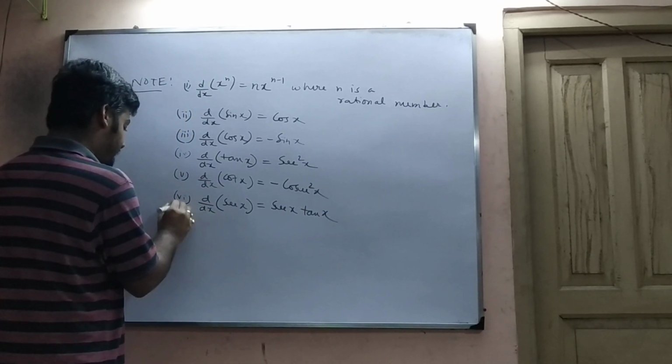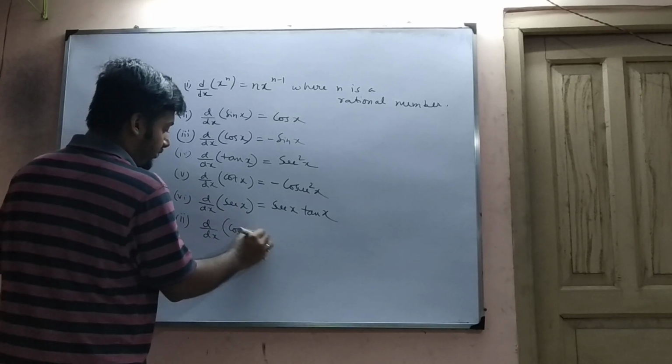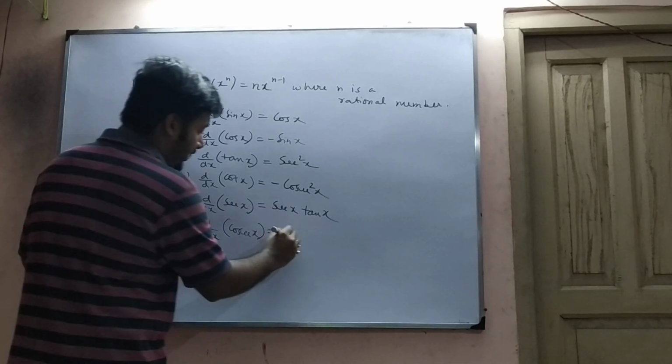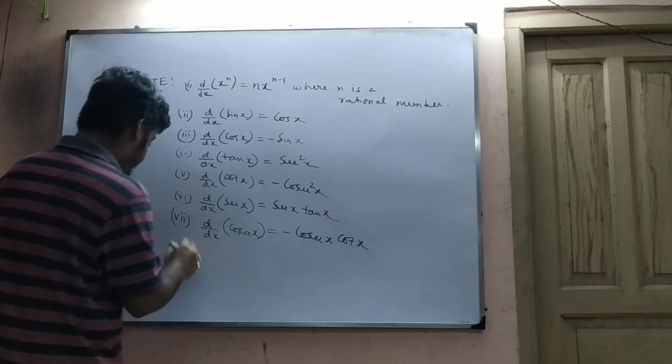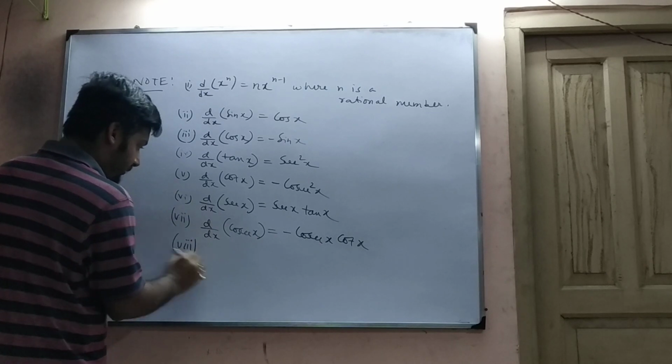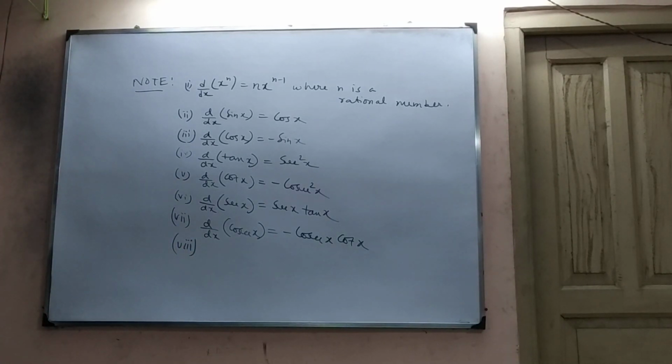Number 7, d/dx of cosec x, that is minus cosec x cot x. So you have sin, cos, tan, cot, sec, cosec.